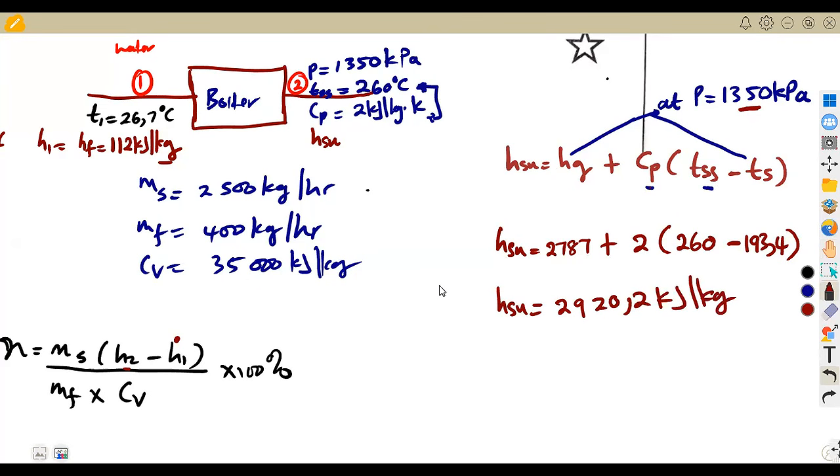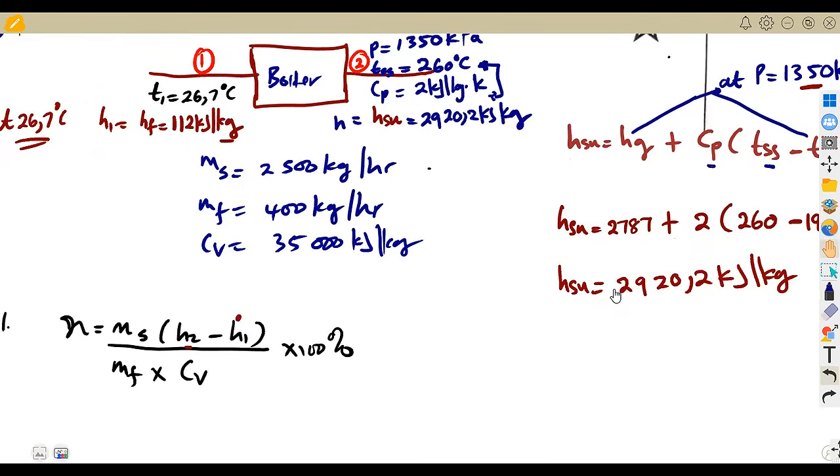All right, so let us try to substitute this into our information. So H sup is our H2 in this case. So H2 is equal to H sup, which is equal to 2920.2 kilojoule per kg. So with this information, we are done.